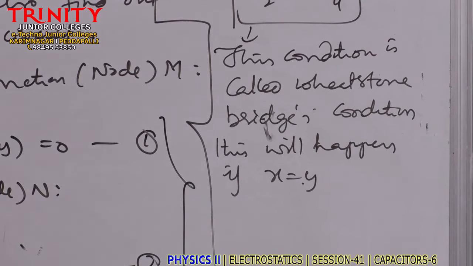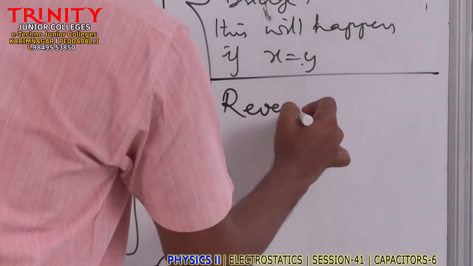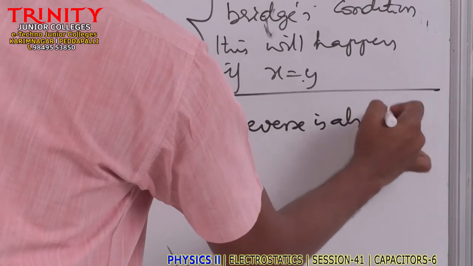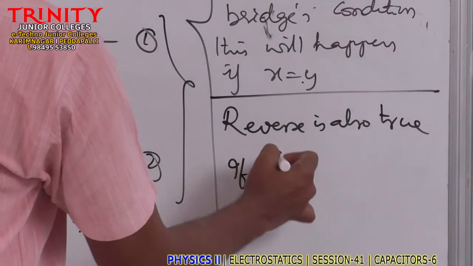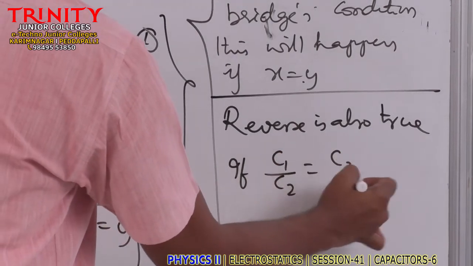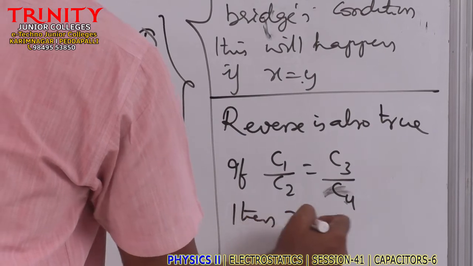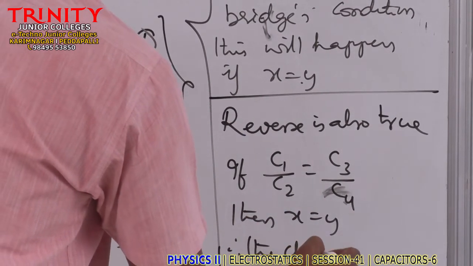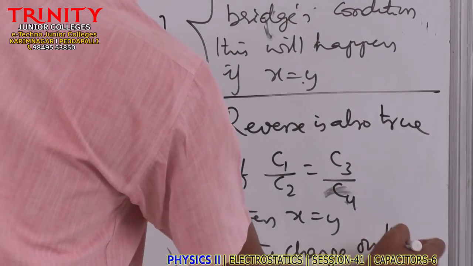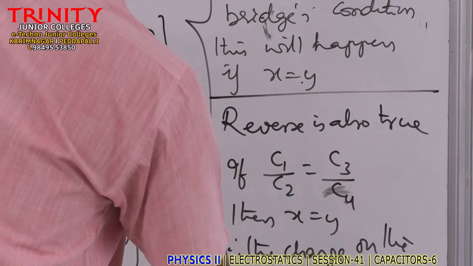That is also very important. Let me write also the reverse is also true. Reverse means what? Reverse is also true means if C1 by C2 is equal to C3 by C4, then X equal to Y. That means the charge in the capacitor C phi is 0.